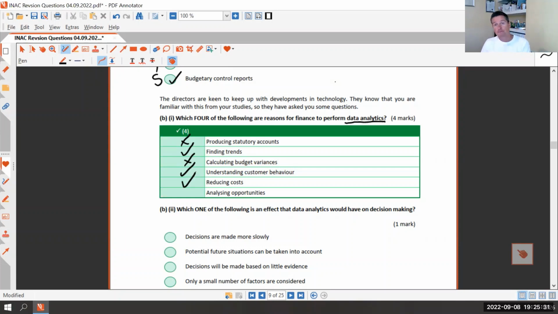Reducing costs. Any reason why you'd use data analytics to reduce costs, or how you could use data analytics to reduce costs? Yeah, inefficiency. What sort of inefficiency? I mean, you can apply it to anything.